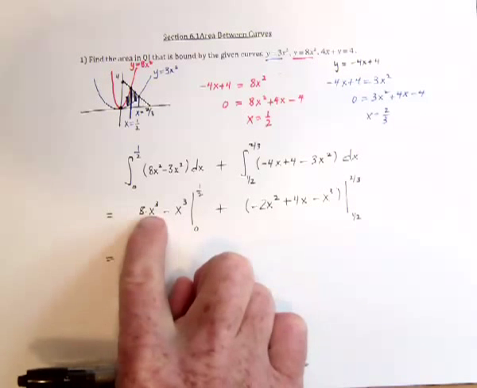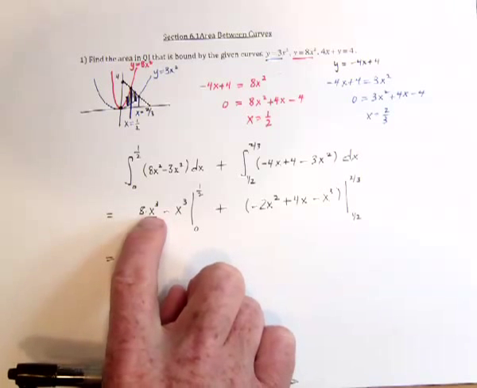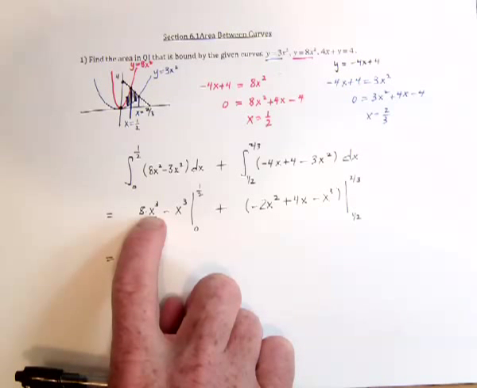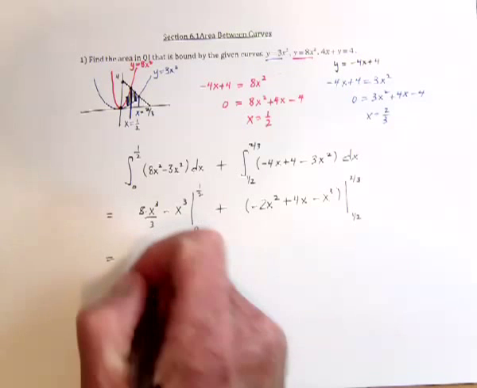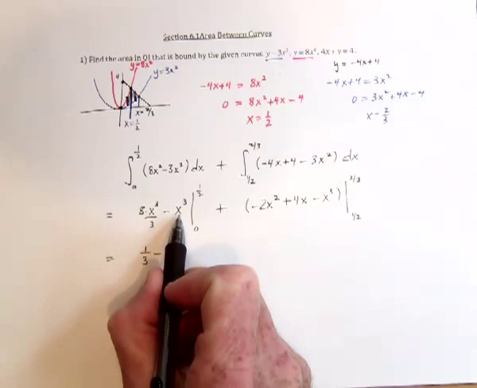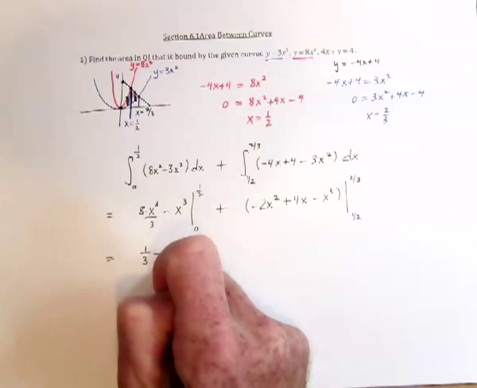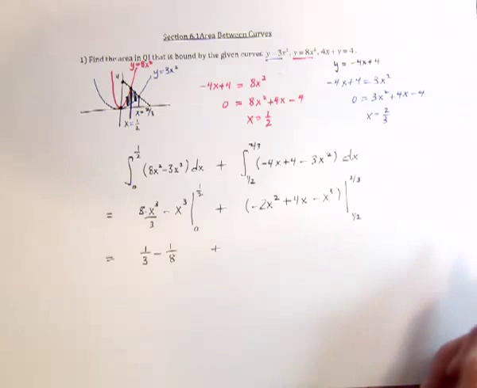So substituting a 0 in here will do nothing. Substituting a 1/2 will make this 1/8 once you cube it. The 1/8 will cancel that 8. It'll leave only 1/3. And then this will be 1/2 cubed, so 1/3 minus 1/8. And then add to that.